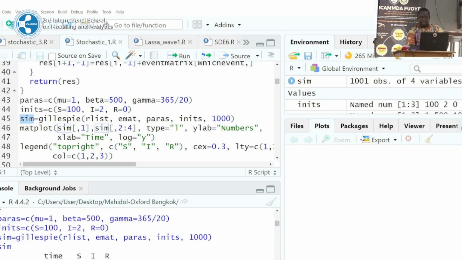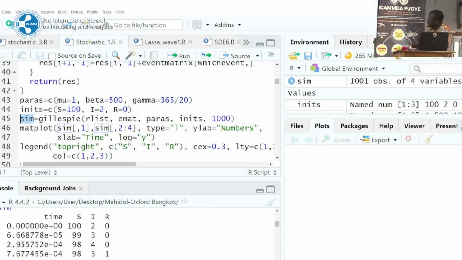So I have the time, and then I have the S, and then I have the I, and the R. So the time is the first one.